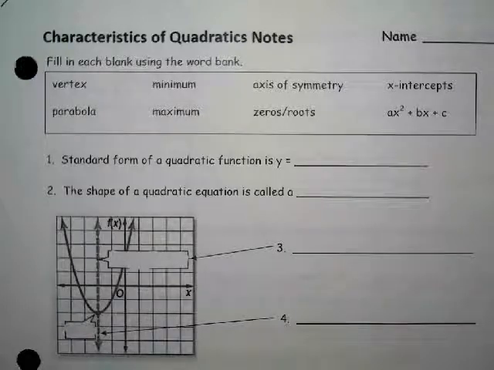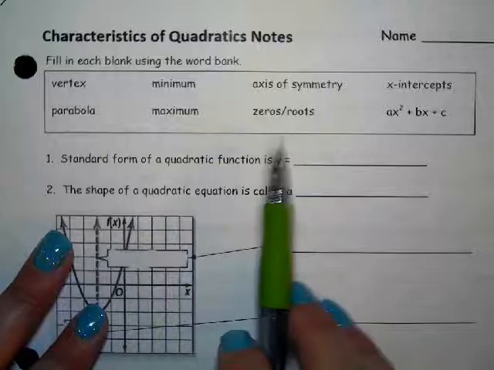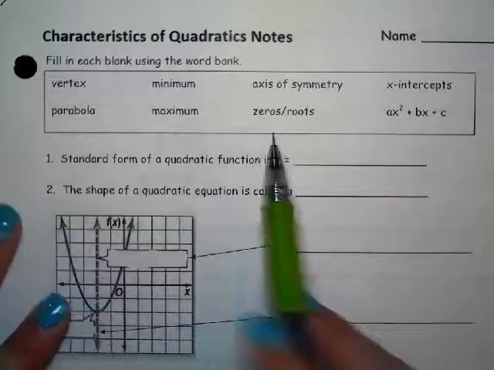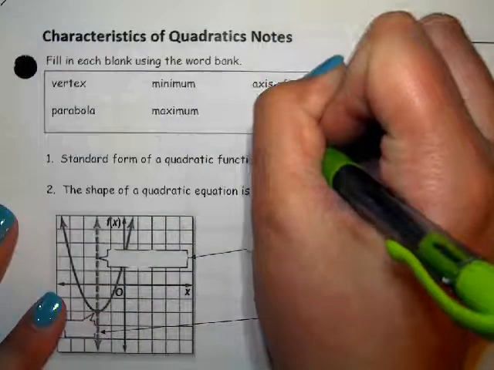So they are things like these words: the axis of symmetry, the zeros, roots.